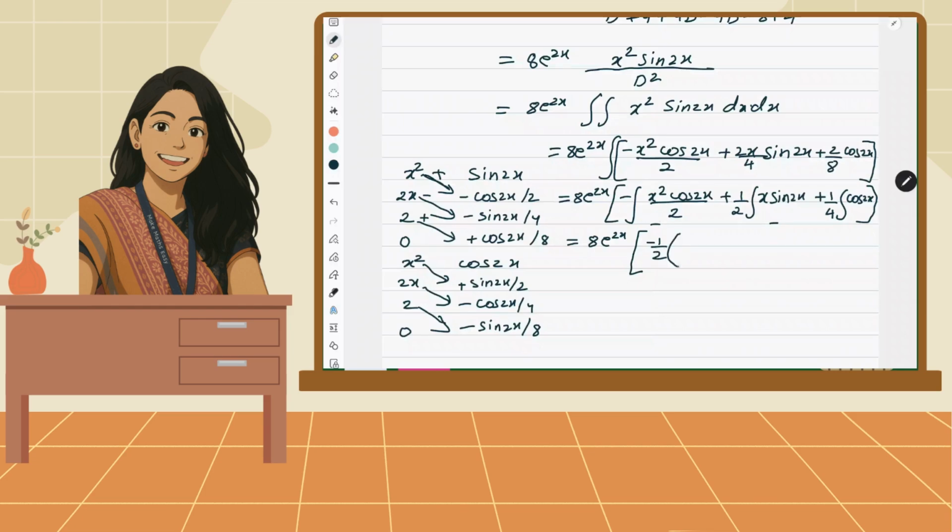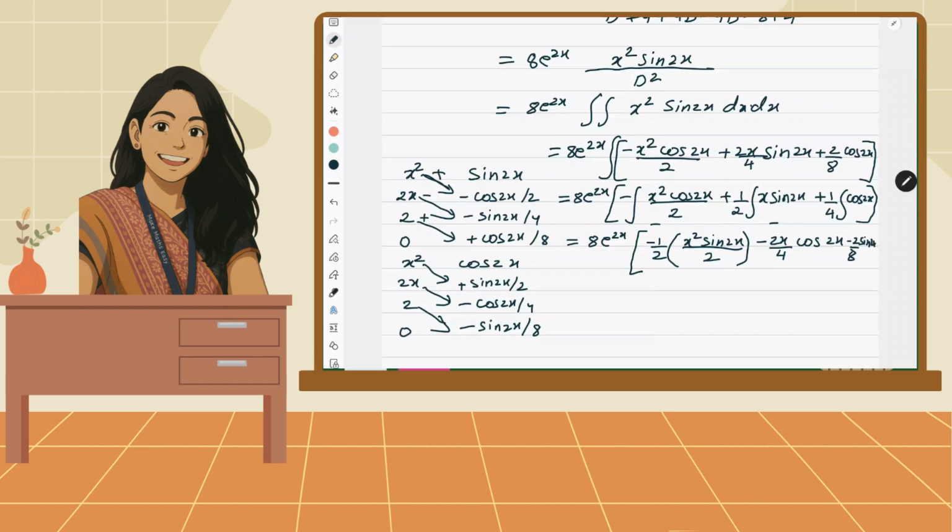Okay? And the answer I am writing here. So for the first integral x square cos 2x, I will write in this bracket. So it will be x square sine 2x upon 2. Okay. Second term will be minus 2x by 4 cos 2x. Okay. Third term will be minus 2 by 8 sine 2x.